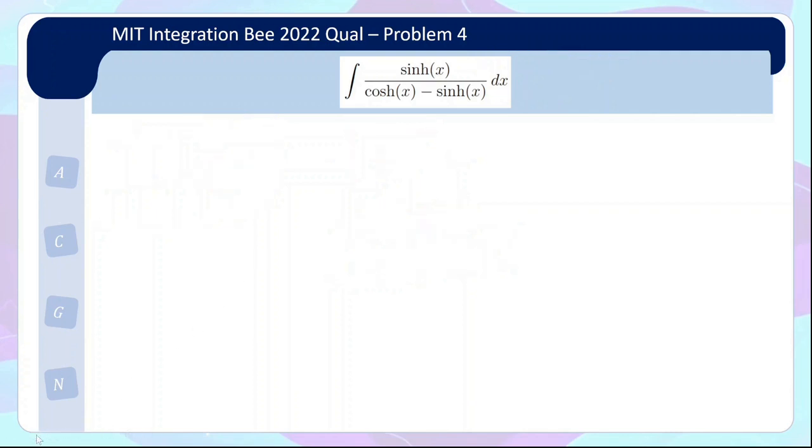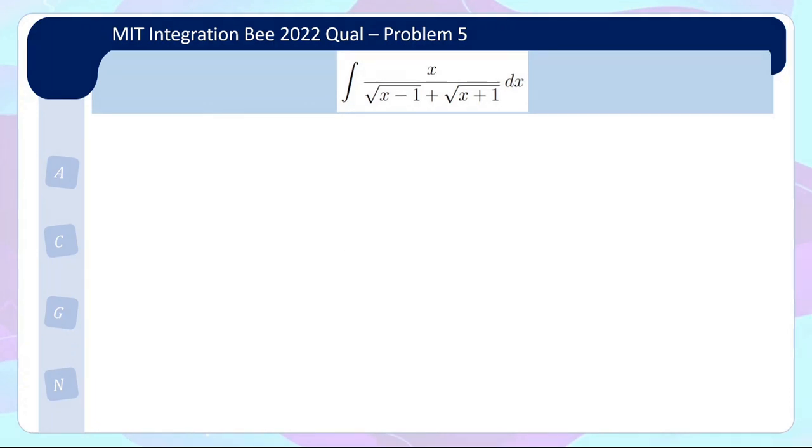Okay, so let's take a look at problem 5. This is where the difficulty really steps up a bit. If you'd like to give it a go, feel free to pause the video. Okay, so what we'll do is, firstly, the square root in the denominator is pretty annoying. So we'll rationalize that by multiplying by the conjugate.